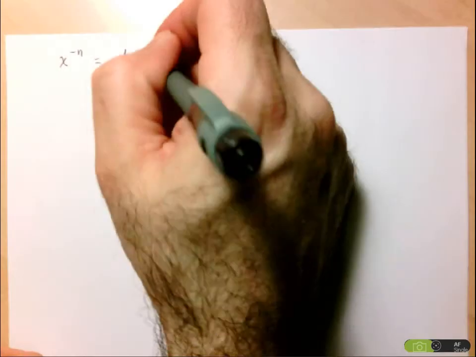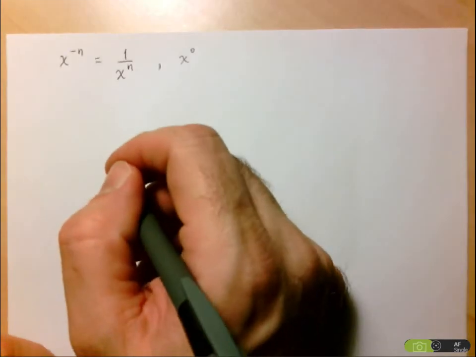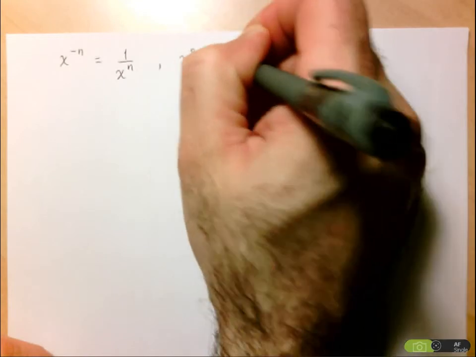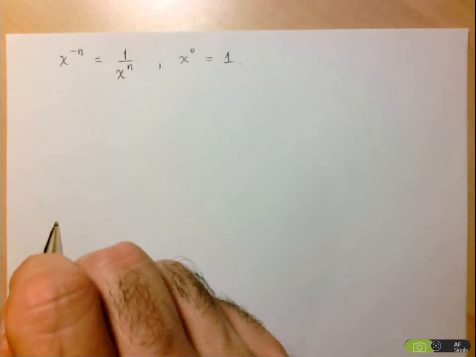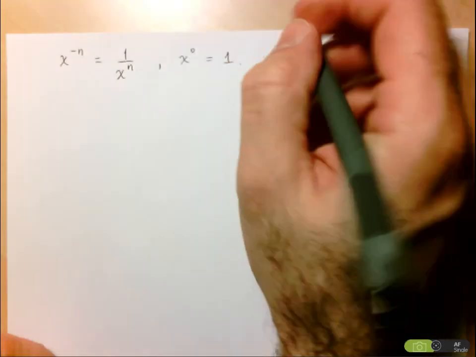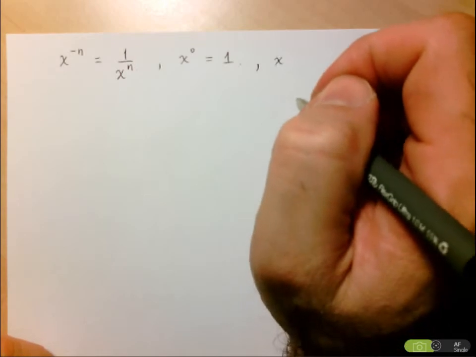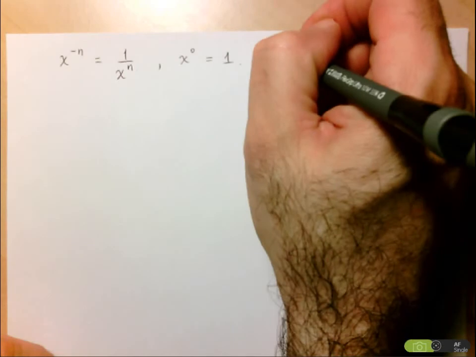Furthermore, we saw that exponent 0, to round off the integers, always gave us 1, regardless of what the x value was. And we started to look at fractional exponents, in particular of the form where the numerator is equal to 1.